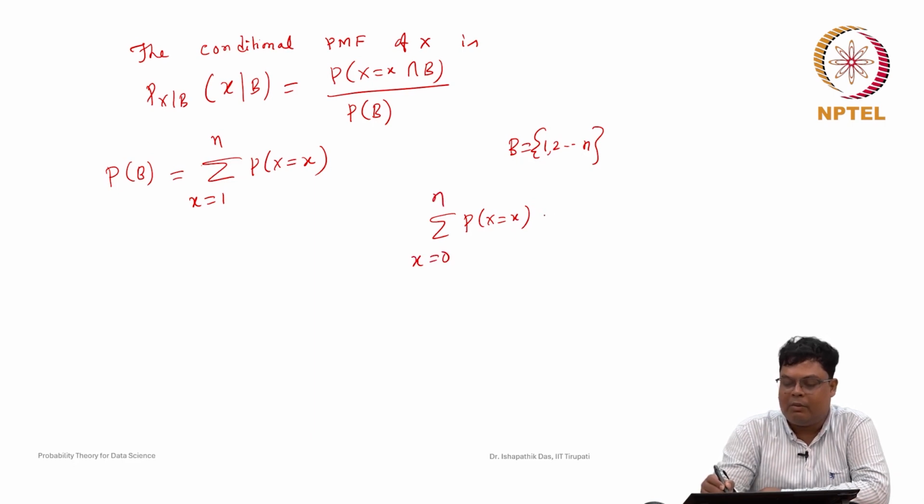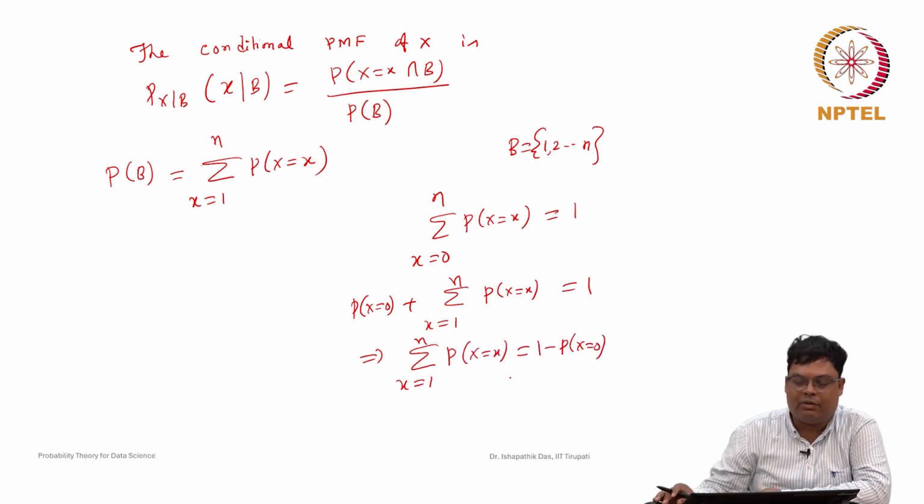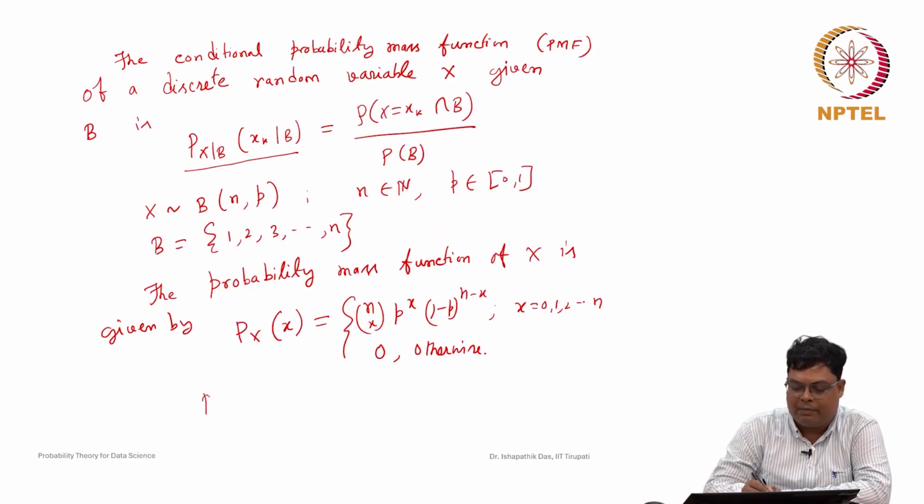So this is the probability that X is equal to 0 plus the remaining sum for x equal to 1 to n, equal to 1. Which implies the summation for x equal to 1 to n of P(X equal to x) is 1 minus the probability that X is equal to 0. So, what is the probability that X equal to 0? P_X(0).